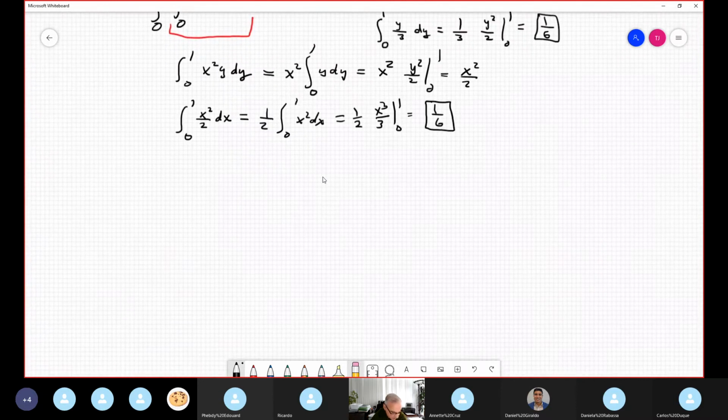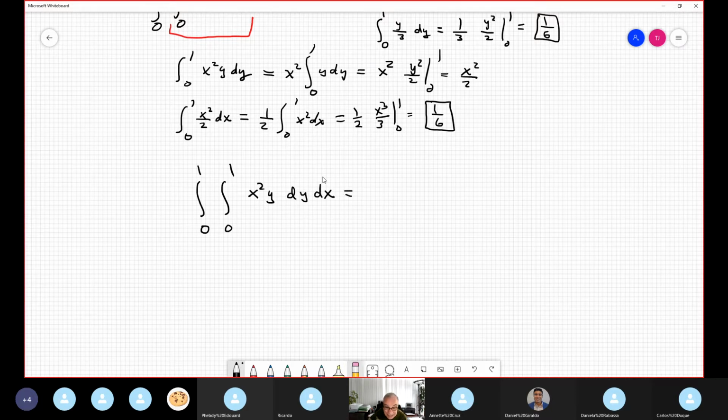Okay, we come back, for example, to this double integral. Again, I am doing it a different way. x squared y, suppose, I don't care, dy dx.